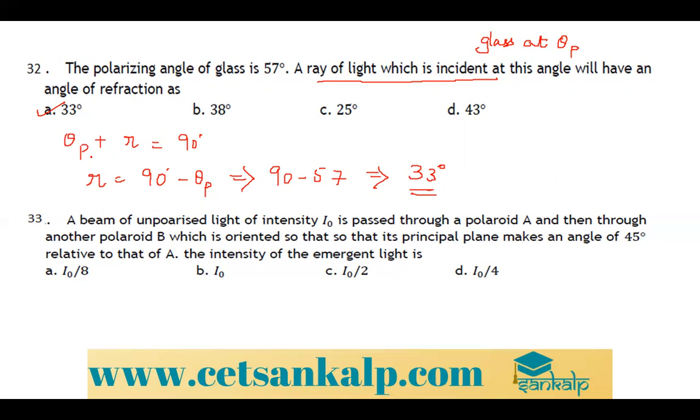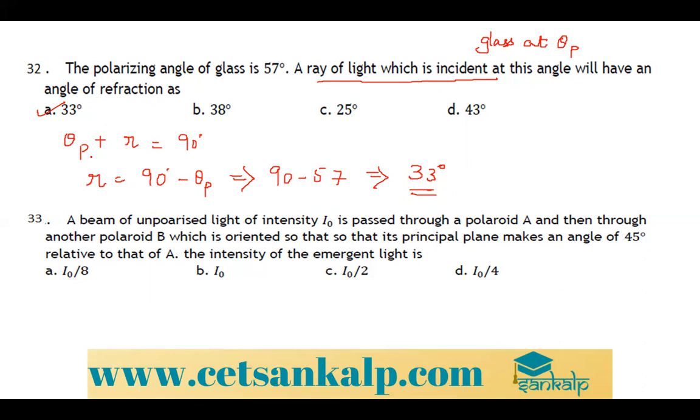Next, a beam of unpolarized light of intensity I0 is passed through a Polaroid A. Then another Polaroid B which is oriented so that its principal plane makes an angle 45 degrees relative to that of A. The intensity of emergent light is?